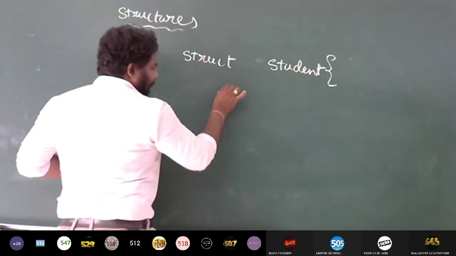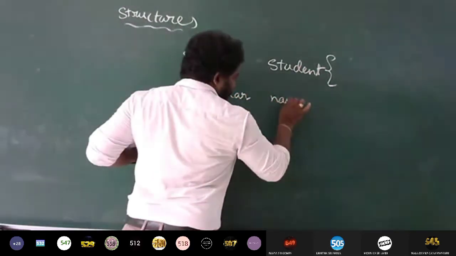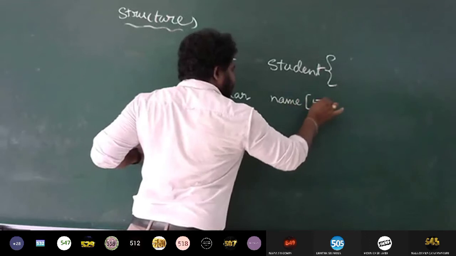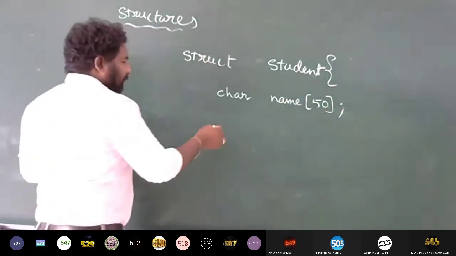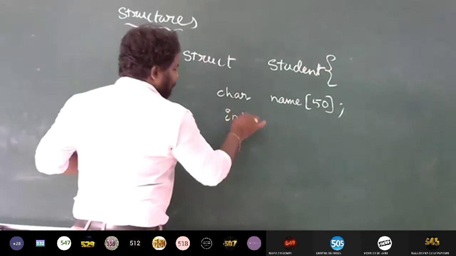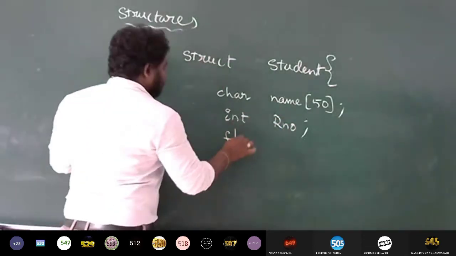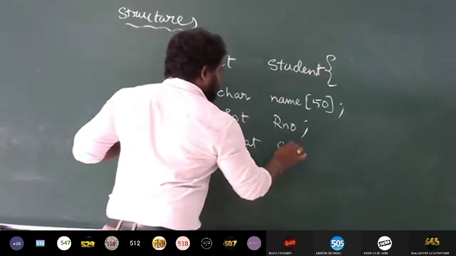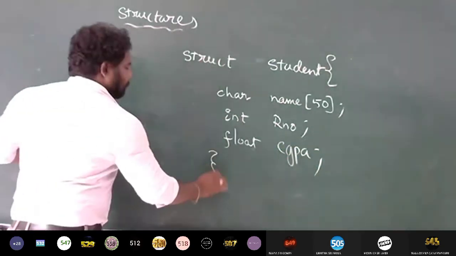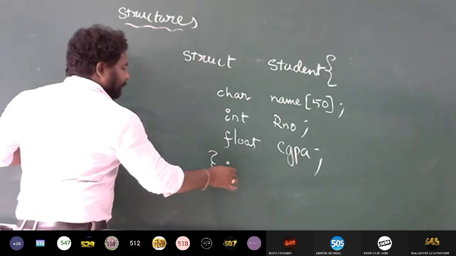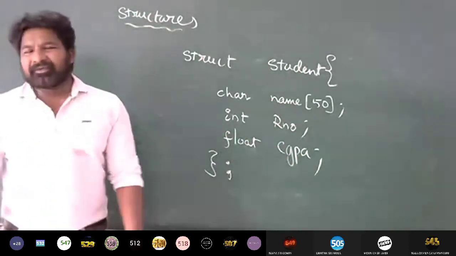If I want to store a name, I declare char name with a size of some 50 or so, so that you can store larger names. If I want to store roll numbers, we declare int roll number. If I want to store CGPA, I say float CGPA, right? And this is how you close: closing brace with a semicolon, right? So this is a structure. You know this, right?